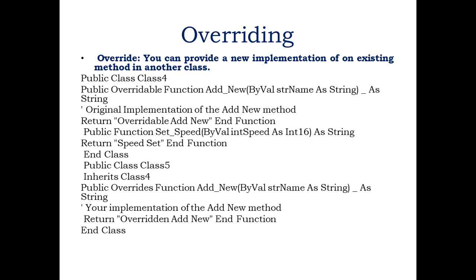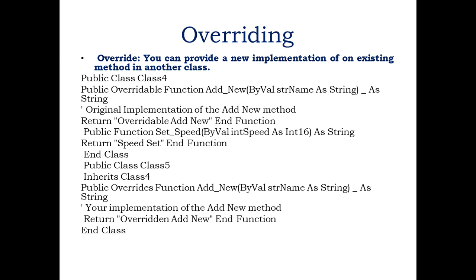Overriding. With overriding, you can provide a new implementation of an existing method in another class. These are Class 4 and Class 5, showing how to implement an existing method. Here the function name is AddNew, with a string name argument list. This is the original implementation of the AddNew method.